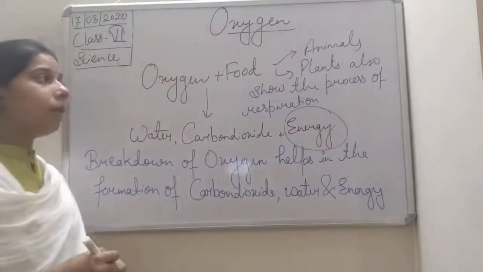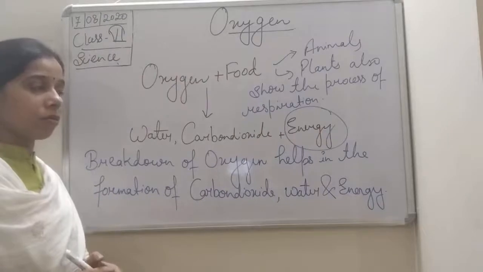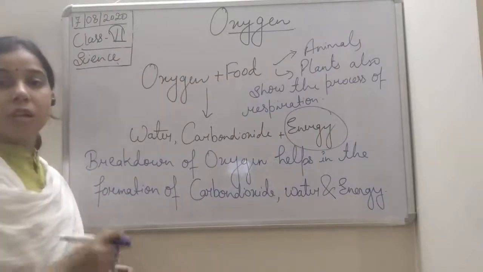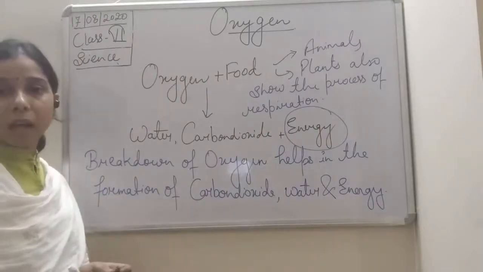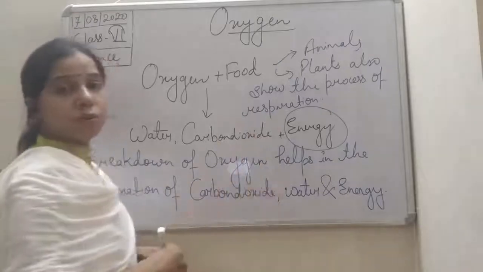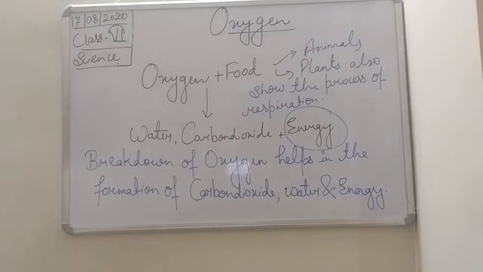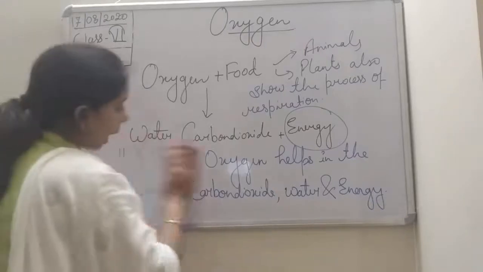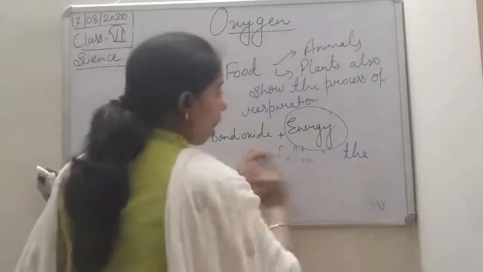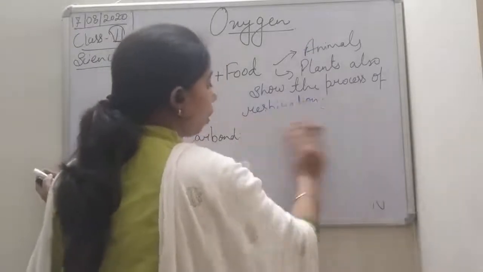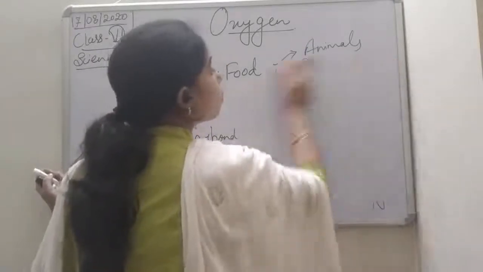So animals and plants, both of them show respiration. Oxygen is required not only for animals, but plants also need oxygen for respiration. Now, students, what happens in aquatic plants? How do aquatic plants get their energy?